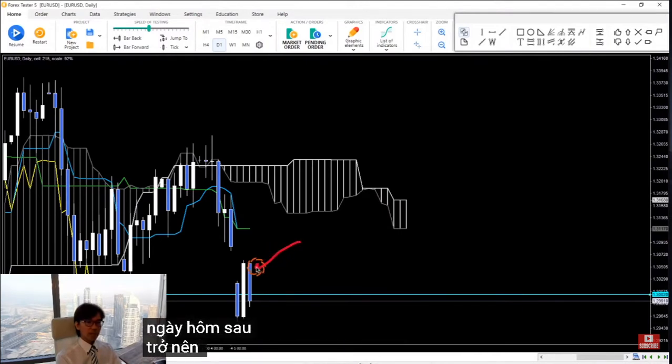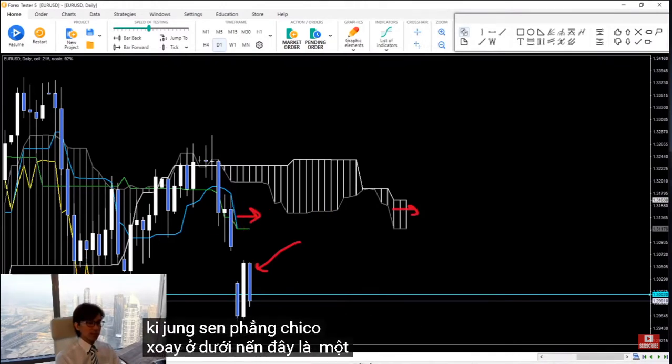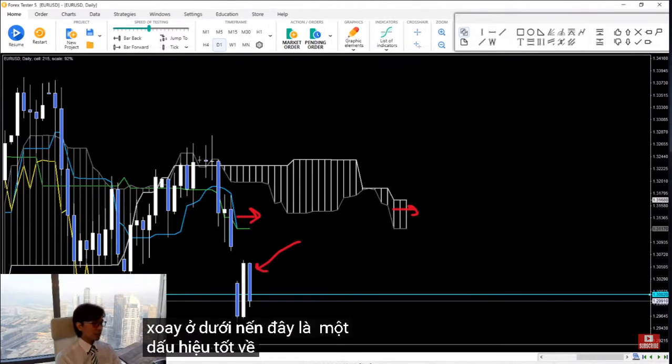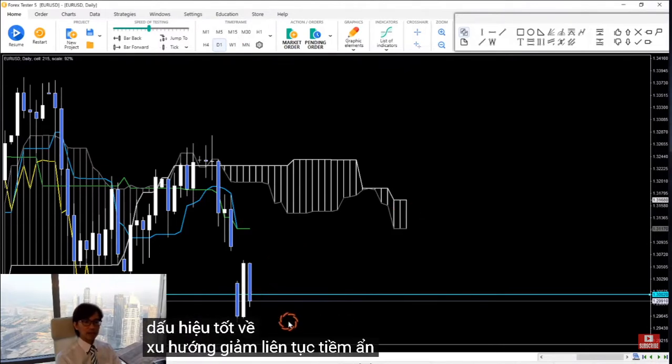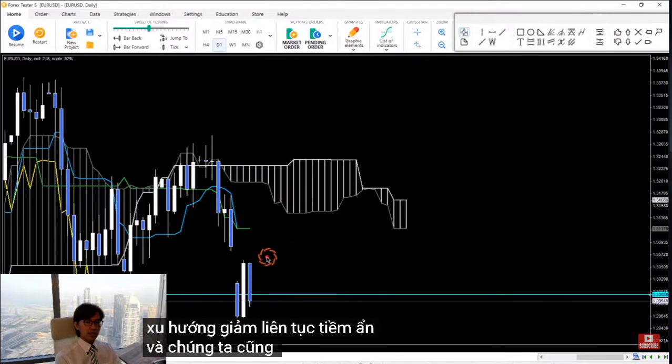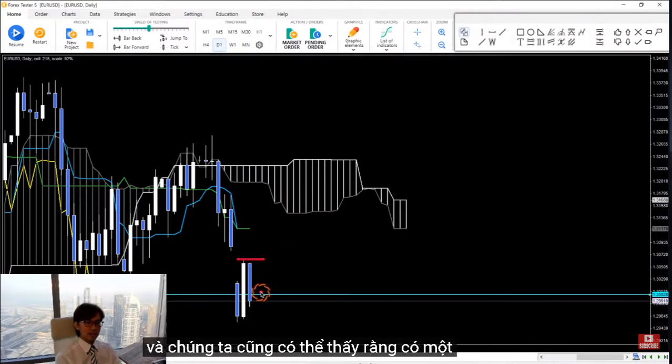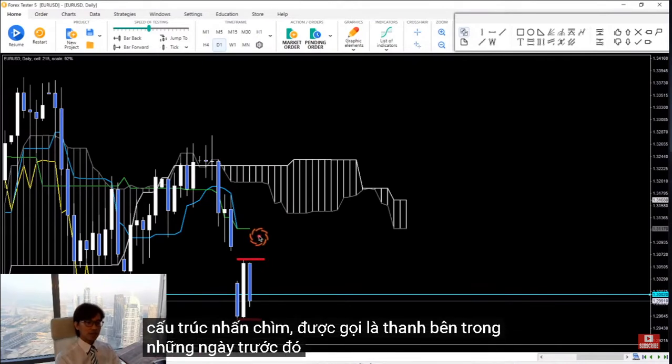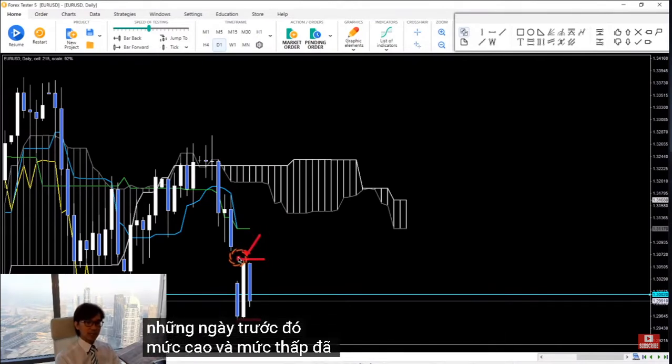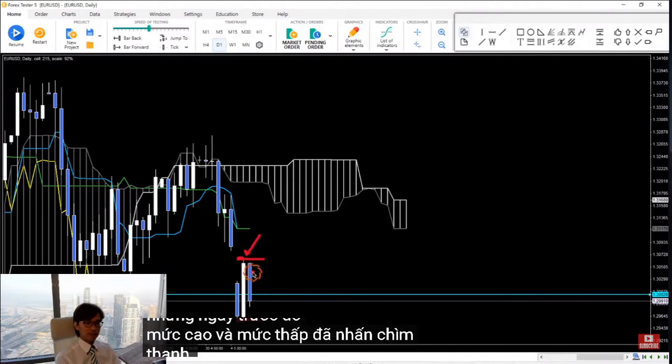The next day became bearish, but you still see the Kumo flat and the Kijun-sen flat. The Chikou span came below the candles. This is a good sign of a potential continuous downtrend. And also we can see that there is an engulfing structure. This is called the inside bar. The previous day's high and low has been engulfing the next bar.